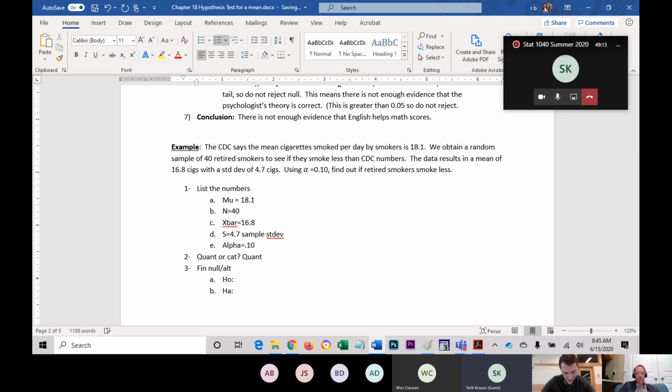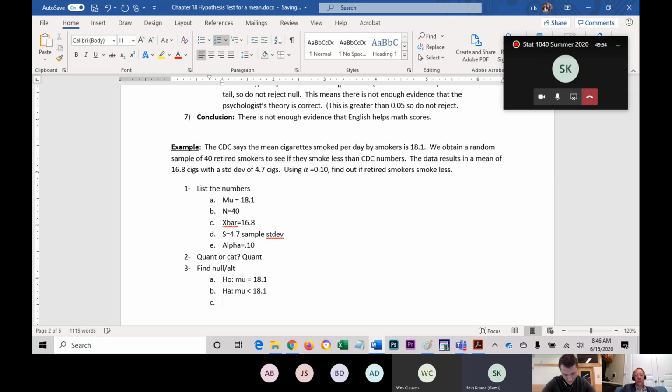Would it be mu equals 18.1 and then mu is, sorry, I'm just reading it real quick again. That's fine. Less than 18.1. Why did you say less than? Because they want to see if they smoke less than the CDC numbers. Right.